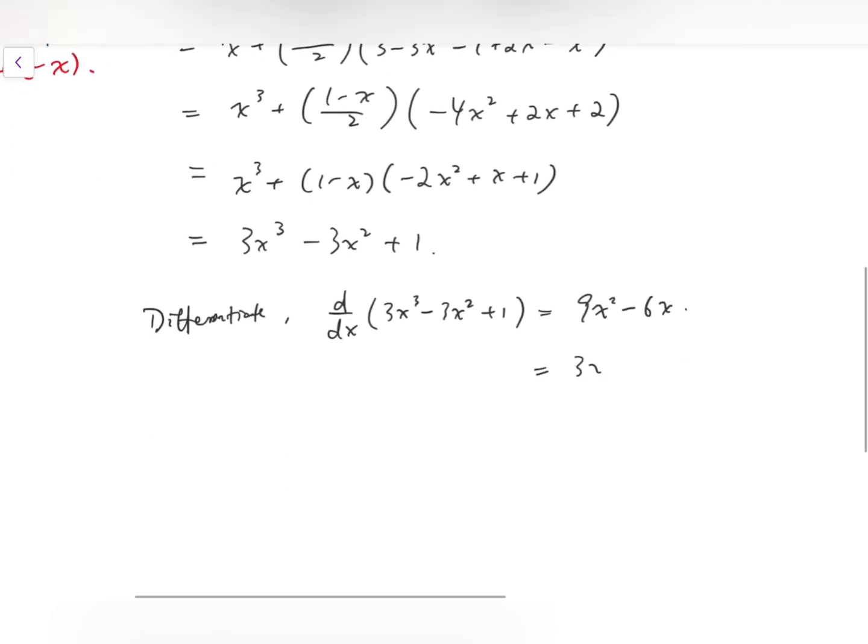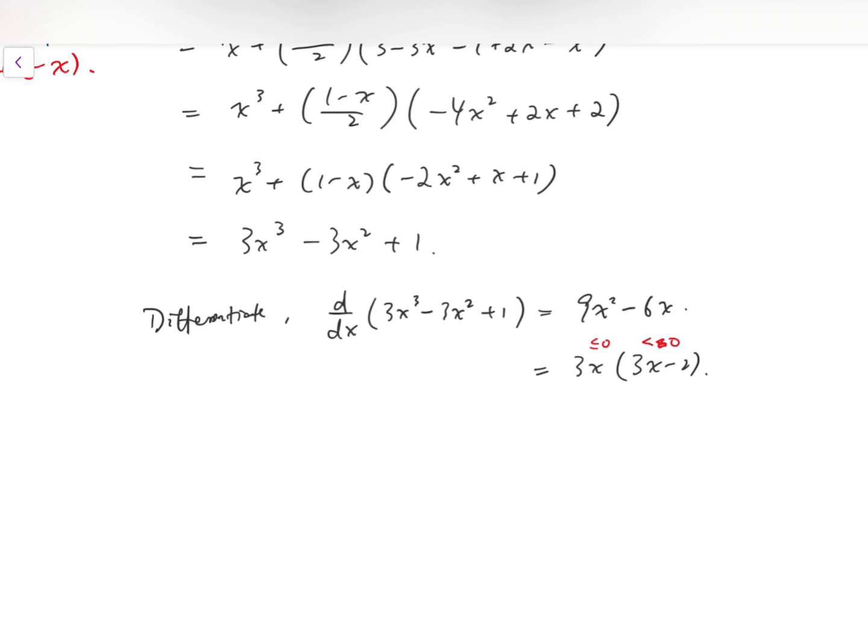And factorizing, I'm going to get 3x times (3x minus 2), which is actually non-positive for this part, and non-negative for that part.